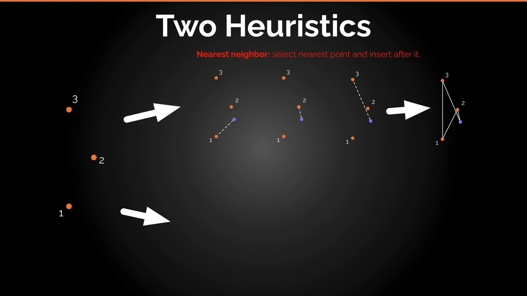To do that, we just measure the distance from the blue point to each one of the neighboring cities: from blue to 1, from blue to 2, from blue to 3, and we pick the point that's the closest and decide to insert blue right after that point. In this example, the nearest neighbor is point number 2. So we're going to have point 1, point 2, and then we insert blue right after 2, its closest neighbor.